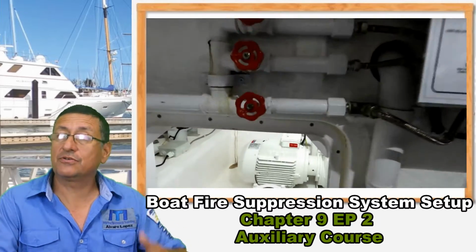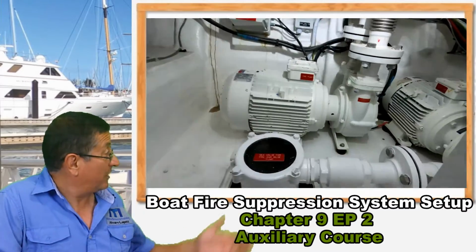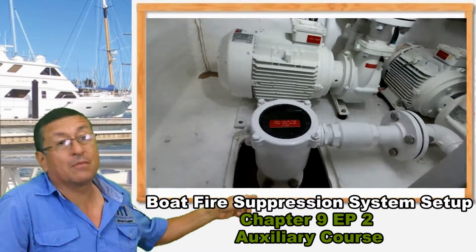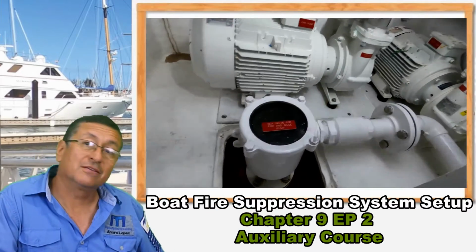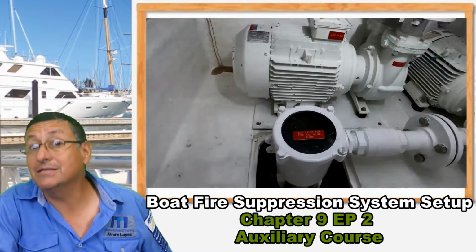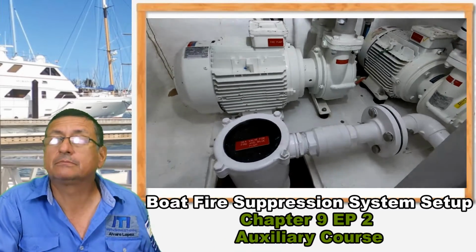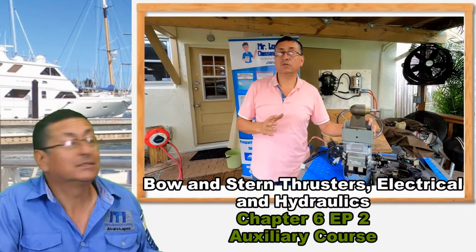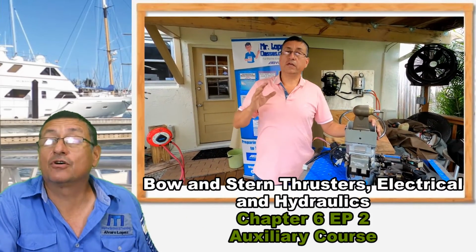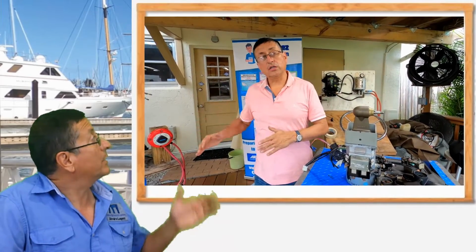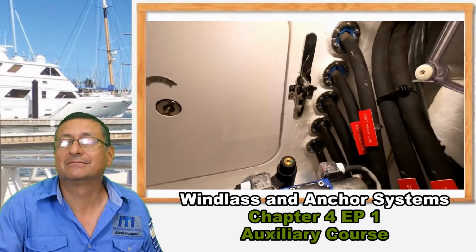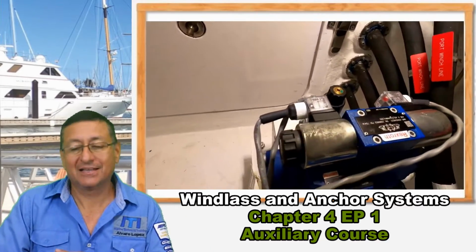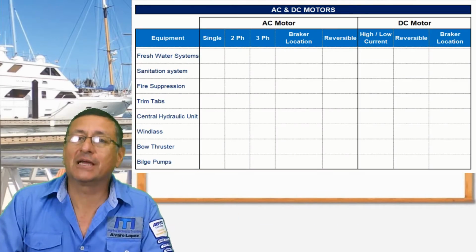For the fire suppression systems, in that big boat, investigate if the motor is double phase, three phase, AC, or DC. The windlass and the bow thrusters have motors. In some cases it is DC, in some cases AC, or hydraulic. All right? We are going to check, and we are going to fill that wonderful table.